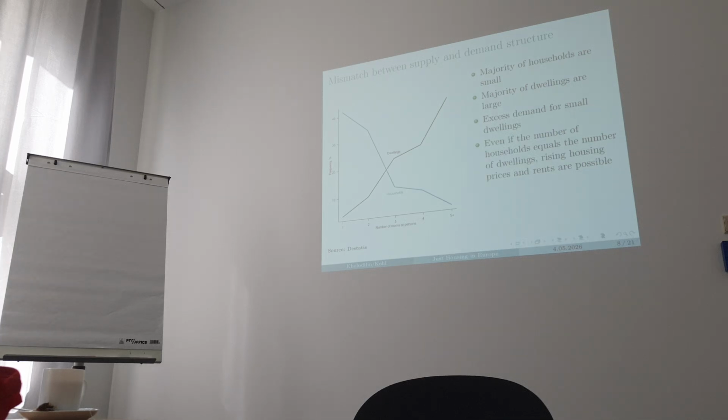So even if the number of dwellings is equal to the number of households, so arithmetically we have a balanced housing market, even in this case, we can still have an over-demand of housing in this segment of small dwellings.